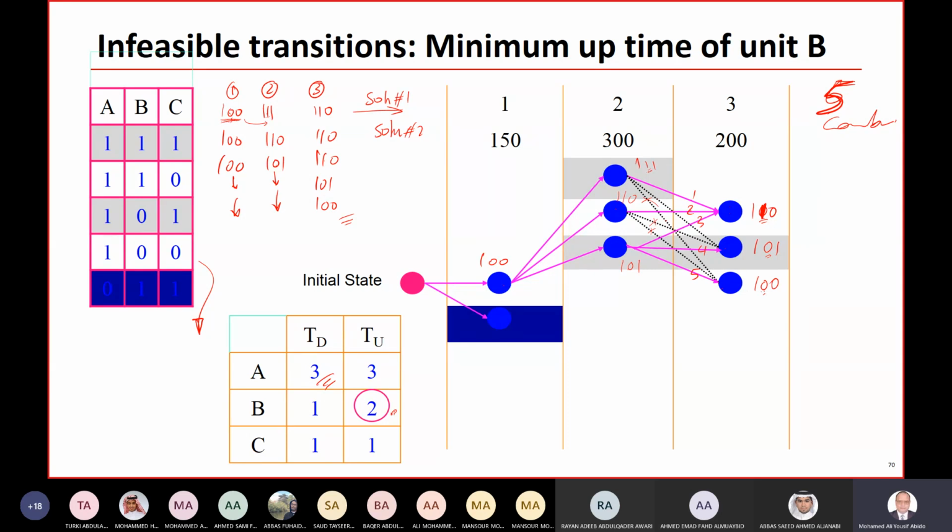So out of these combinations, we need to find out which one gives you the minimum cost. So let us start step by step calculating the operating cost and the startup cost. If you have any question before moving to calculating the cost? Any question?